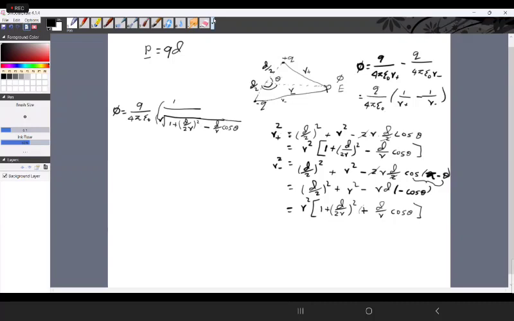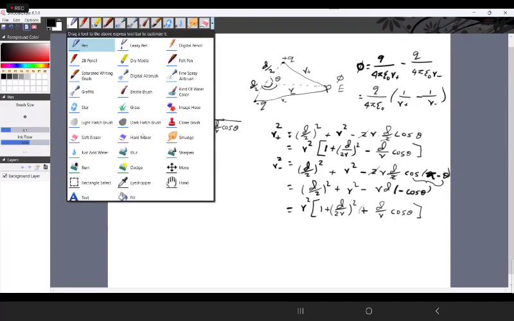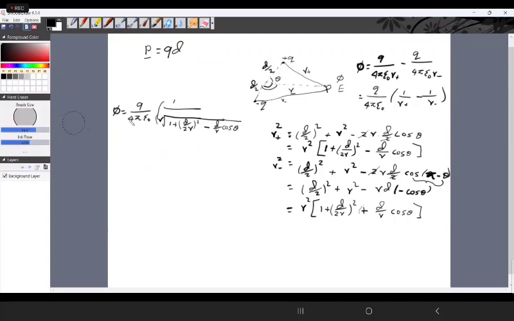Okay, so I'm just deleting the process of how we got that r plus and r minus. Okay, so just to continue, this is what we wrote for the 1 over r plus.